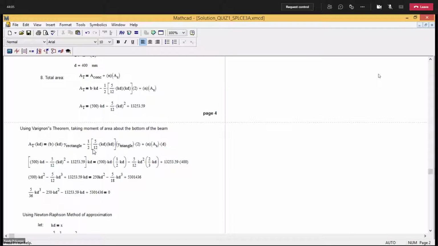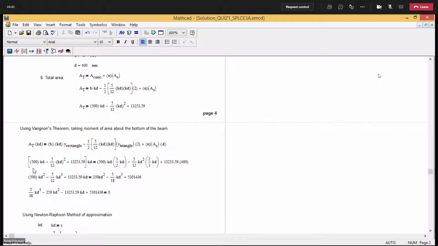And then the area of the triangle, yung dalawang triangle kaya naka-multiply ng 2. And then yung distance nung centroid nung triangle ay designated as Y triangle. And then for the equivalent transformed area of the steel, multiplied by D. No, D is the effective depth of the section.